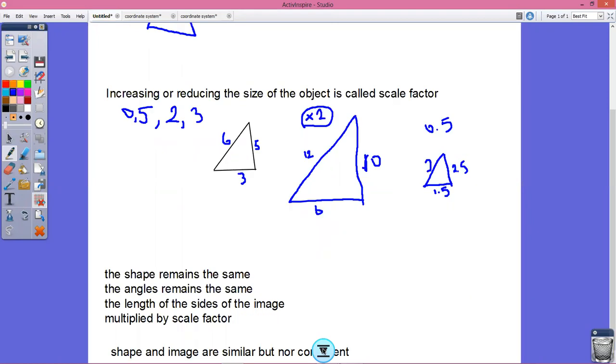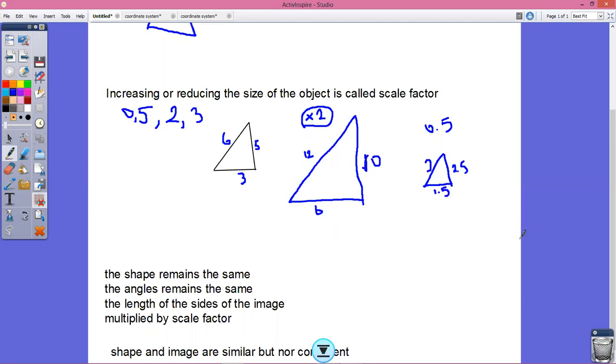Now here what we need to recognize is that the shape remains the same. Shape is not changing. The angles remain the same. The angles are not changing. The length of the sides of the image is multiplied by the scale factor. What is changing? The side length is changing with respect to the scale factor.